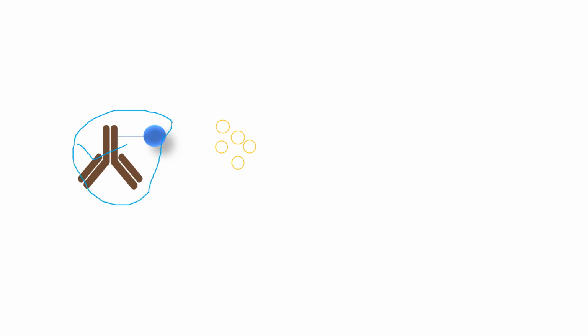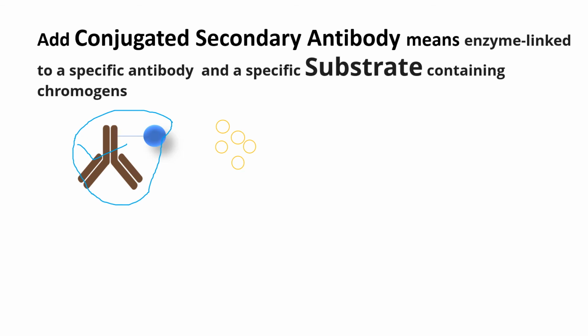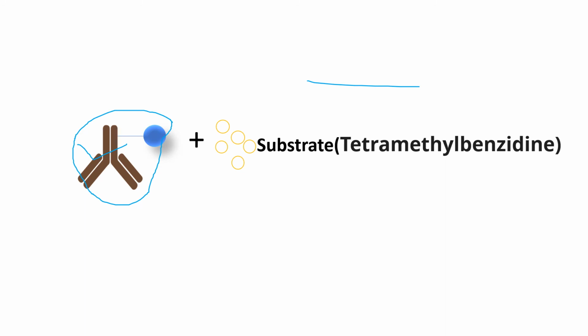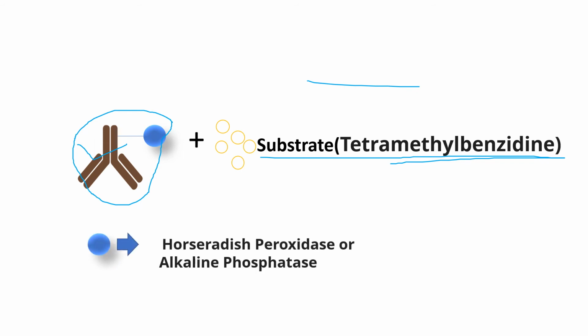Now here we have the other thing. We have another antibody, that is a conjugated secondary antibody. It means it is an enzyme linked to the specific antibody, and here we have a substrate that contains a chromogen.